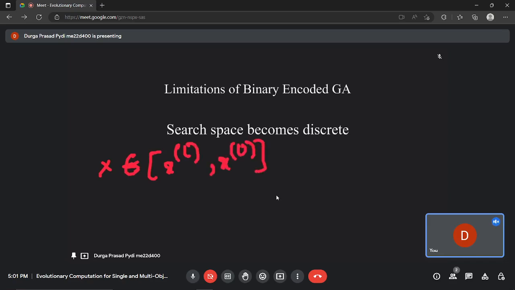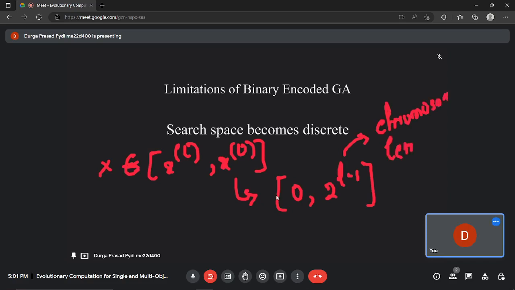Now what we are essentially trying to do is map this to another space of range 0 to 2 power L minus 1, where L is the chromosomal length. So you are spanning from a space of range xu minus xl to 2 power L minus 1. This is essentially discretizing your search space.